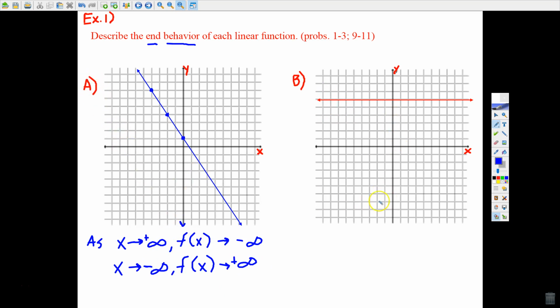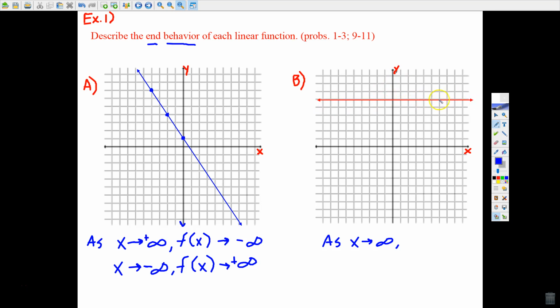Okay, let's take a look at letter B. As the values for x get larger and larger, or in other words, as x approaches positive infinity, what happens to the function? Well, the function never changes. It's always that line. That's 6. It's the function f of x equals 6, or y equals 6.